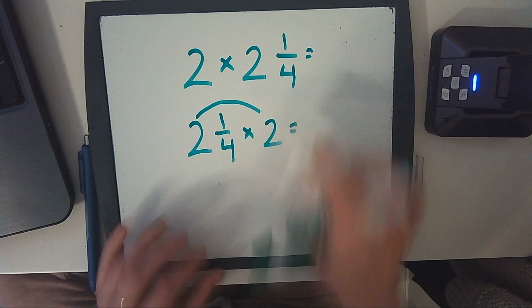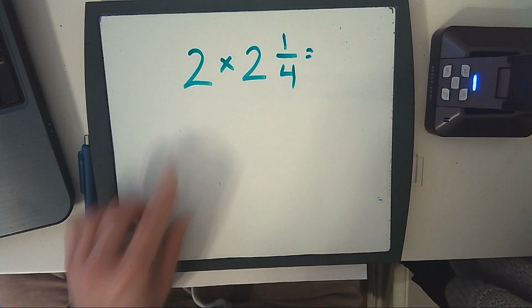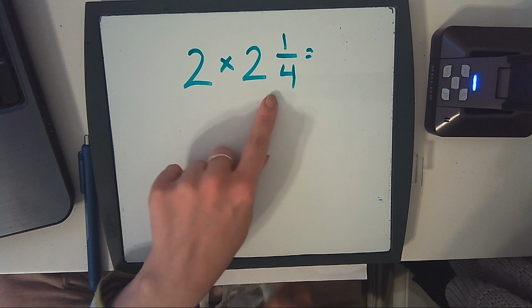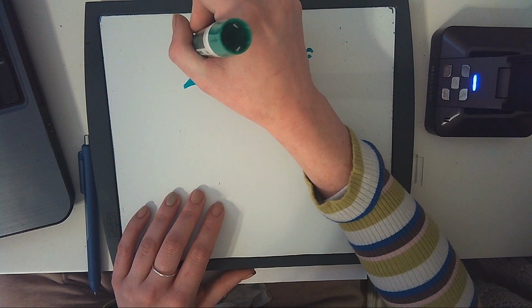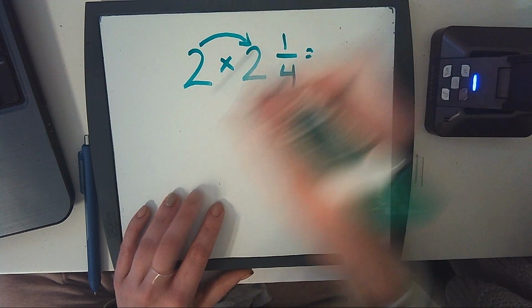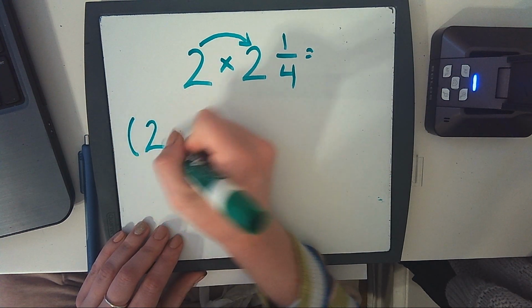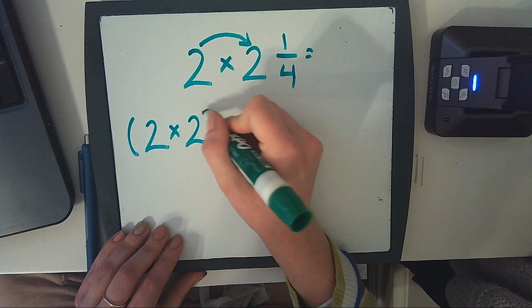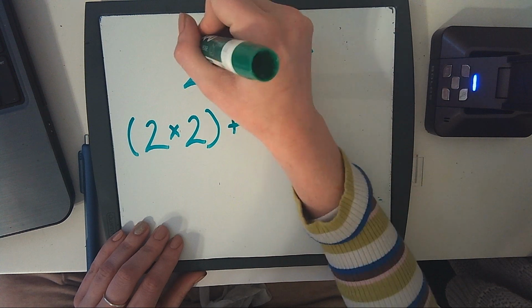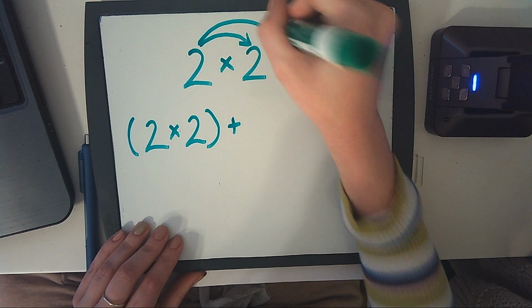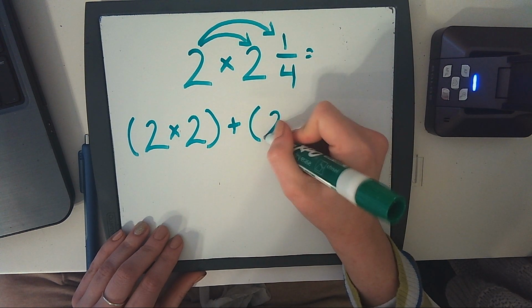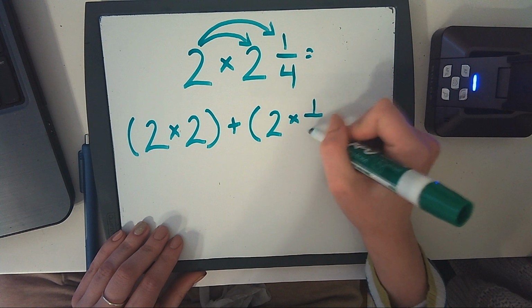So that's why I've been setting it up all the time with the whole number first and then the mixed number. So arrow to the whole number, that means that we'll be doing 2 times 2 plus arrow to the fraction, that means we'll be doing 2 times 1/4.